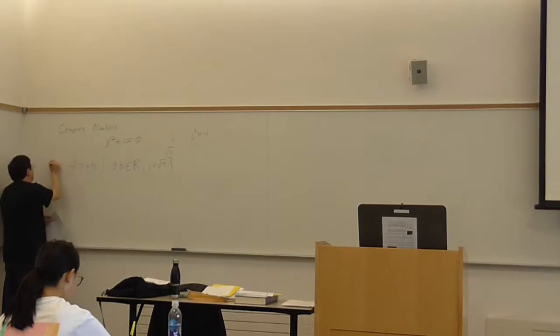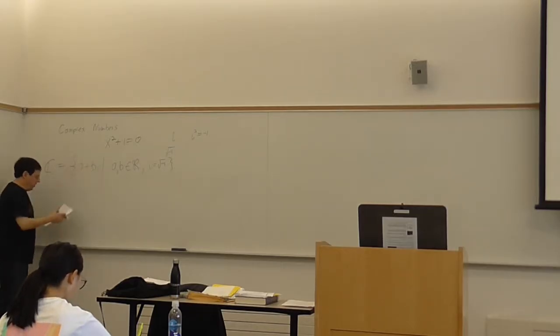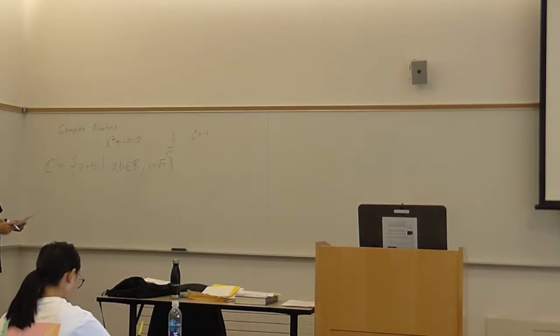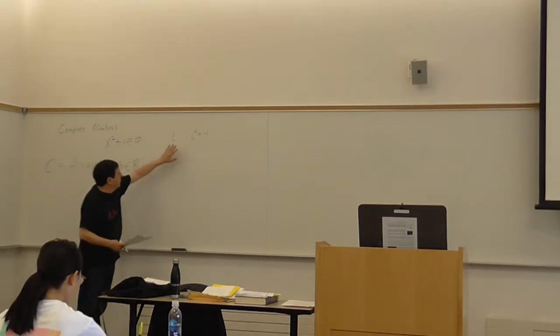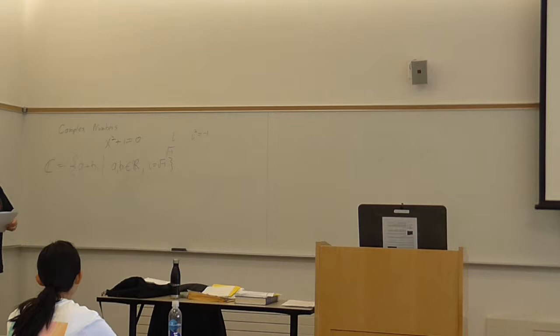So that's our complex set of numbers, which again I'll sometimes indicate by this stylized C. It's this set. From here on, if you just keep in mind that i squared equals minus 1, everything else fits into place real easily.